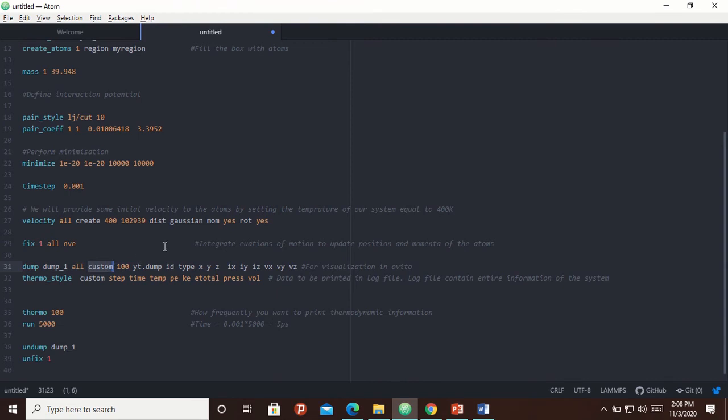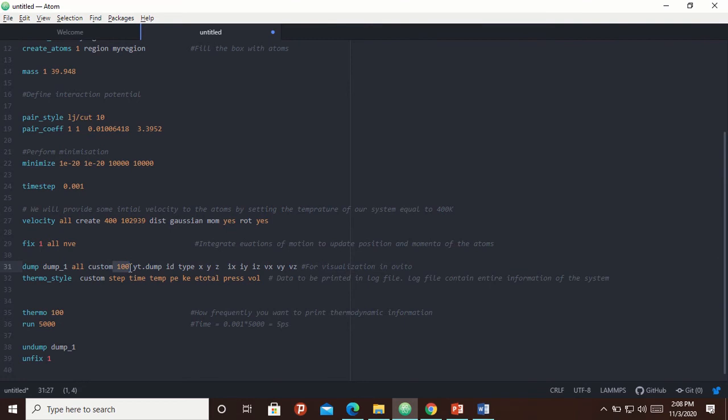Why am I using custom? So that I can choose what information I want in the dump file. If I don't use custom, then LAMMPS will use the default values and store the default information in our dump file, but I will use custom.